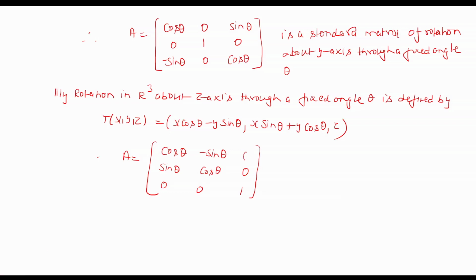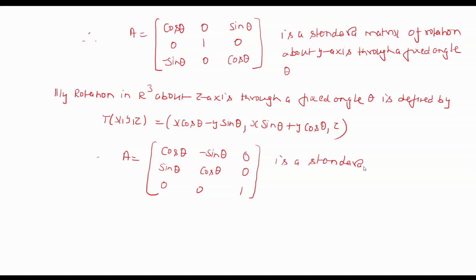So you should remember these standard matrices, because maybe we will combine some transformations. First you rotate about the x-axis and then again about the y-axis, then you have to find the output vectors.